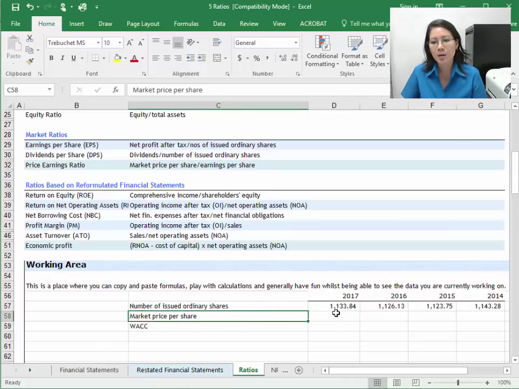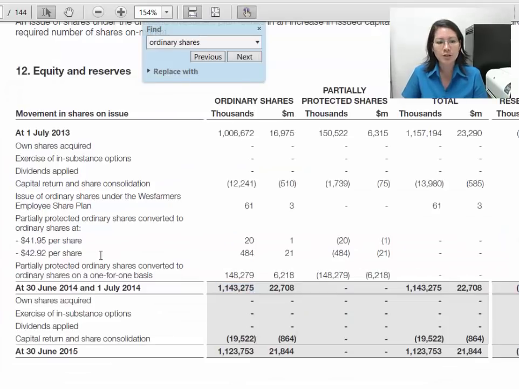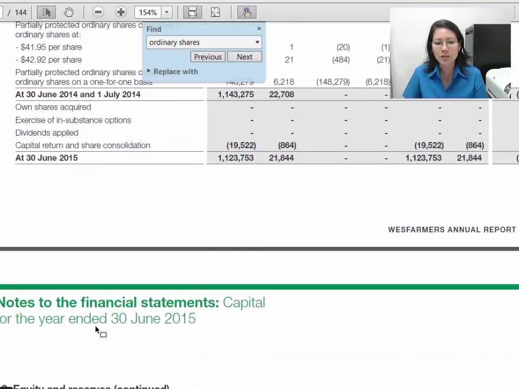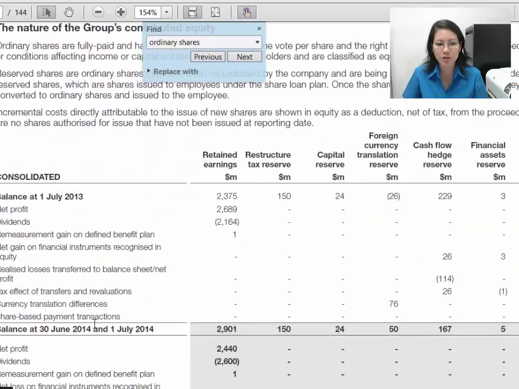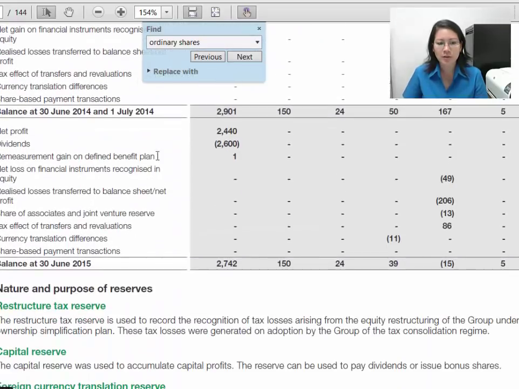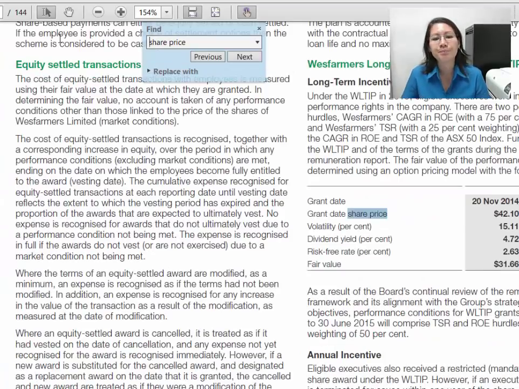Now I need to find my market price per share. As at, so that would have been the share price as at 30 June 2014, but they haven't told me for 30 June 2015. So I'm just going to do a bit of a search. I'm just going to put share price and see what comes up. This looks like it's for their employees.